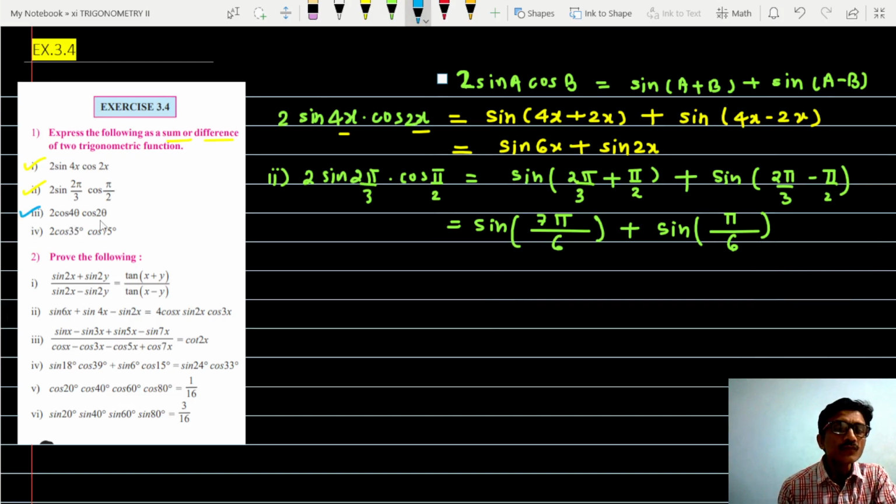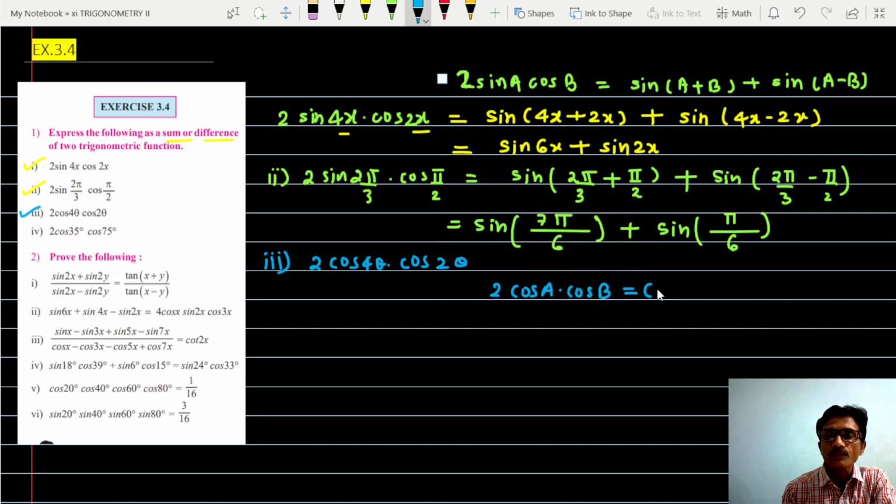Then next, the third one: 2 cos 4 theta into cos 2 theta. We apply the formula here: 2 cos a cos b is equal to cos of a plus b plus cos of a minus b.